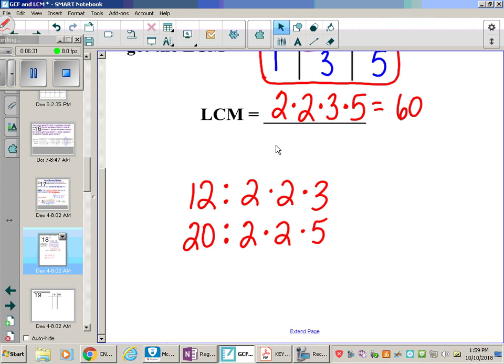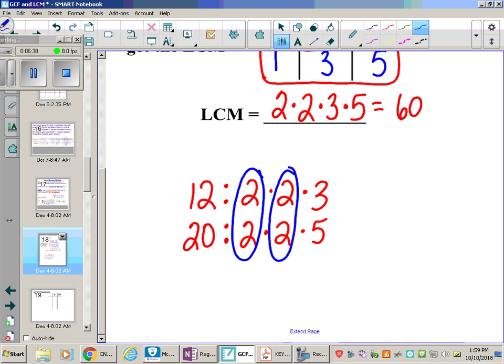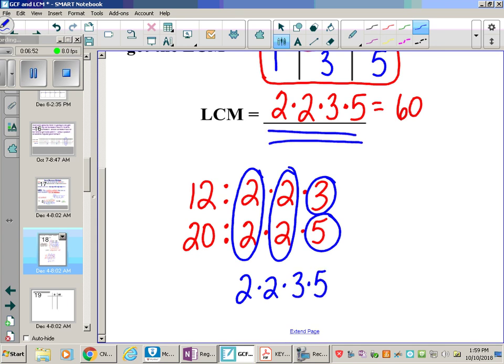So if I were looking for GCF, if you remember, we find our common primes, which are 2 and 2, and so our GCF would be 2 times 2. But when we do LCM, we're going to do 2 times 2, and then we use the ones that are left over, which are the 3 and the 5. So 2 times 2 times 3 times 5. Notice that that matches what we did with our ladder or our tic-tac-toe method.